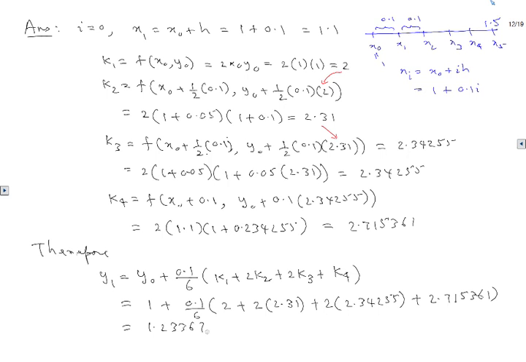Okay. Now what we can do, now we have the x1 value and the y1 value. We're going to use those two to calculate x2 and y2. Now we use x1 equal 1.1 and y1 equal 1.2336.